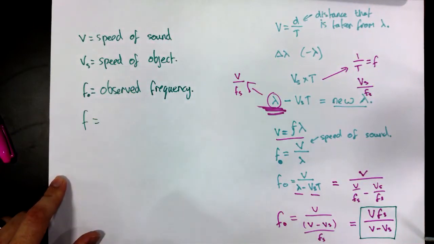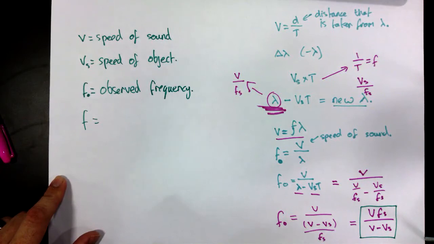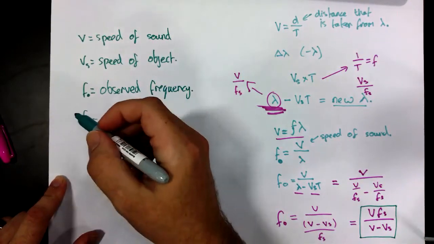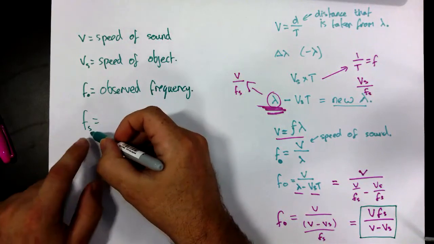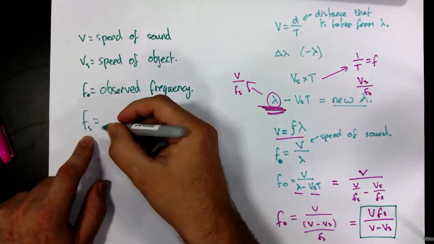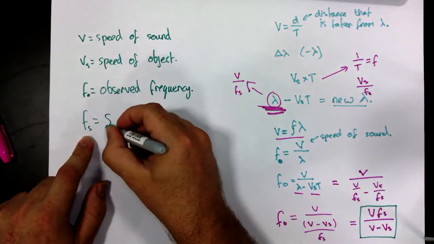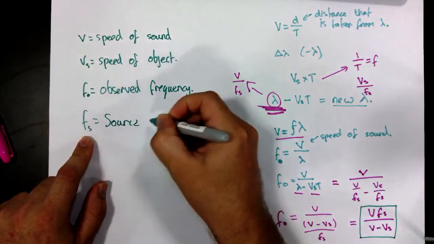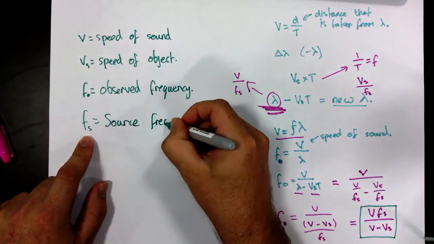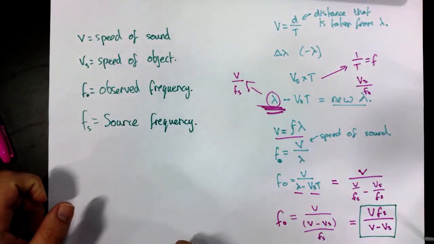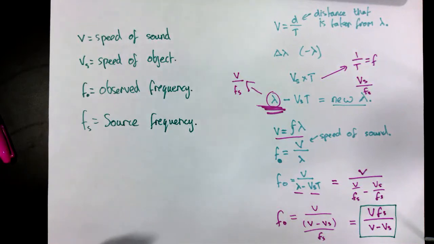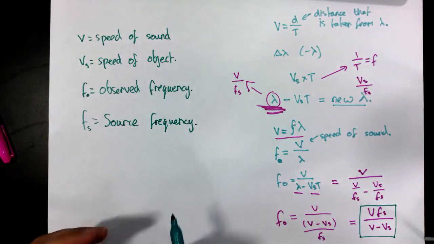Fs is the original frequency that's emitted by the object from the source. That's what S stands for. So the source frequency. Okay, let's just make sure I've got all the terms there. Yes, I do. So you've got all of those terms now that you need.